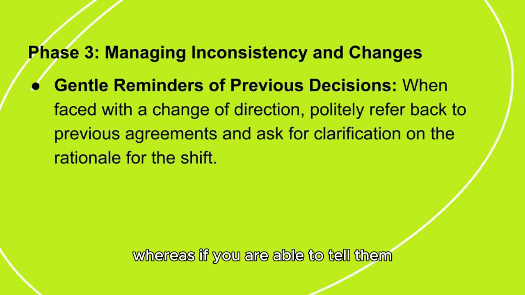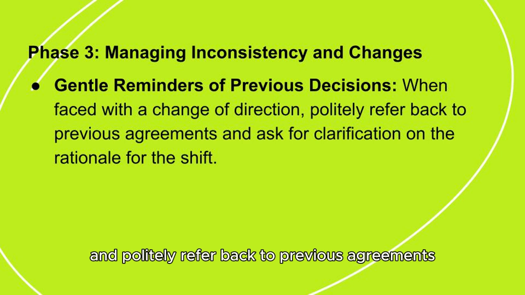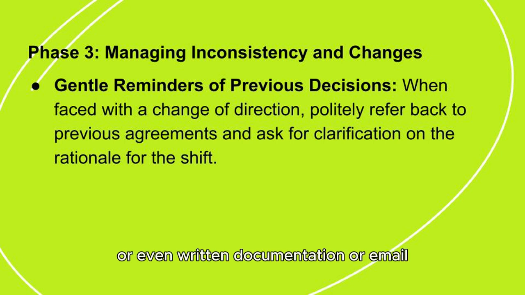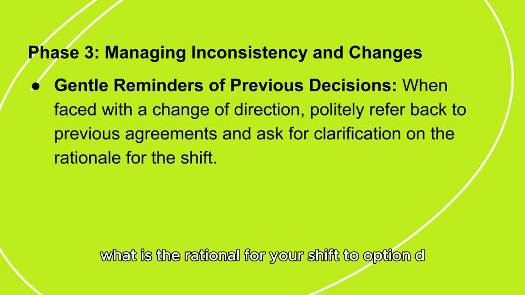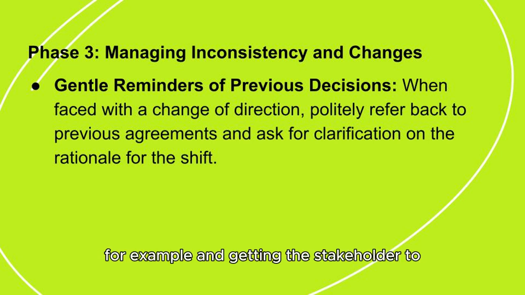Whereas if you are able to politely refer back to previous agreements or even written documentation or email and say that on this date we agreed to this, say option A, can I understand what is the rationale for your shift to option D, for example?